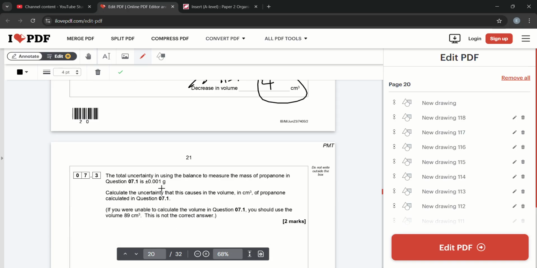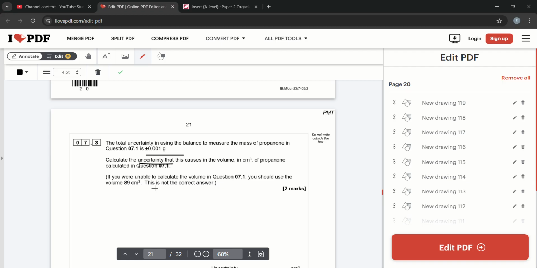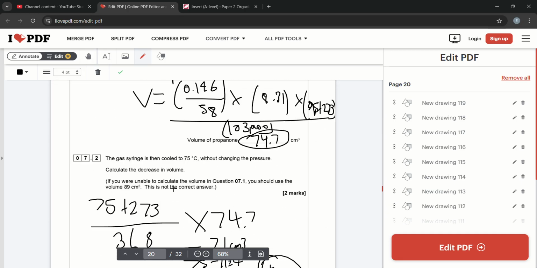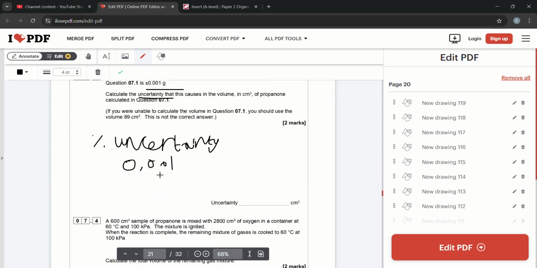7.3. The total uncertainty in using the balance to measure the mass of propanol is that. Calculate the uncertainty that this causes in the volume of propanol. Well, we know the percentage uncertainty is the total uncertainty, 0.001 over the mass, which is 0.146, times 100, which will give me 0.685%.